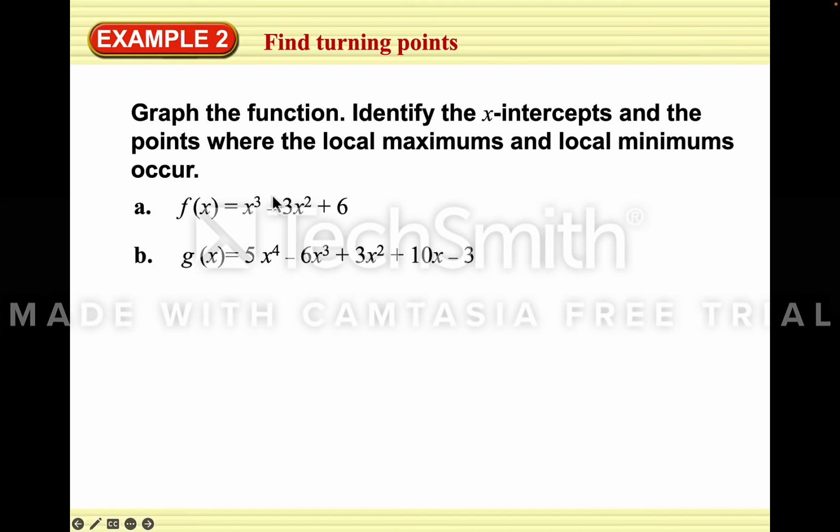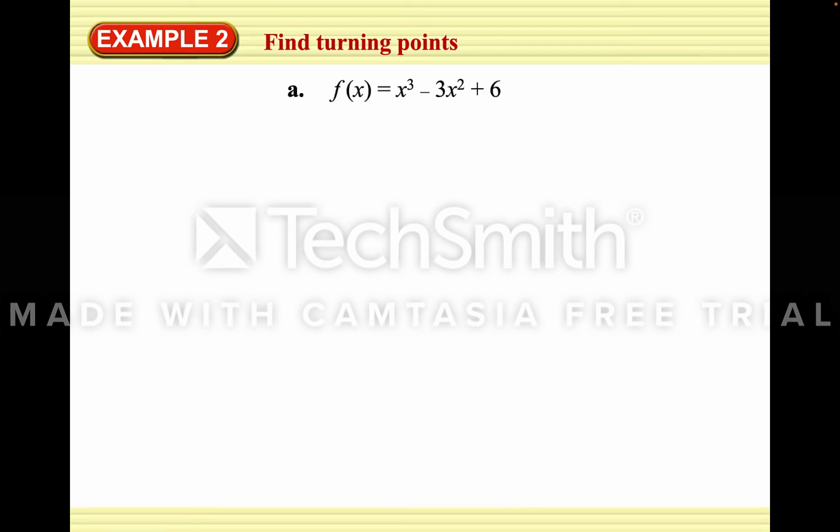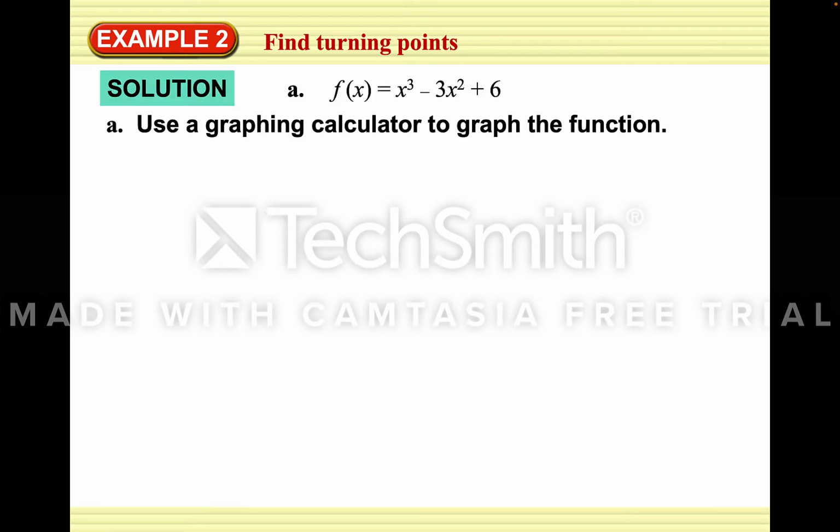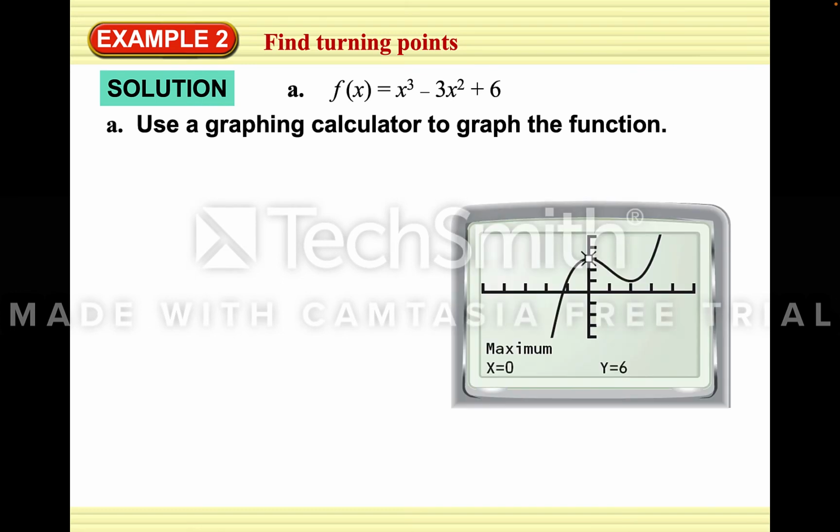Right here, it might be helpful to notice, okay, this is x to the third, so the highest number of turning points would be 2, because there are n minus 1 turning points at most, so 3 minus 1 is 2.